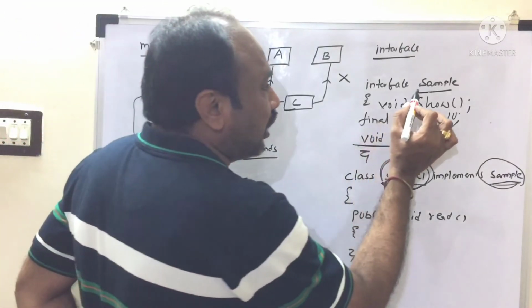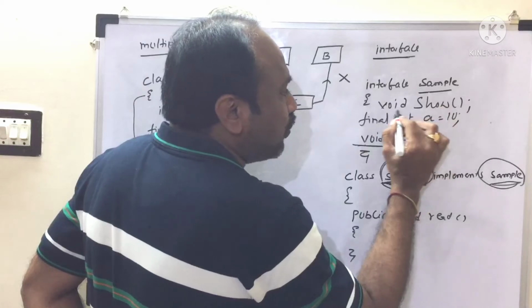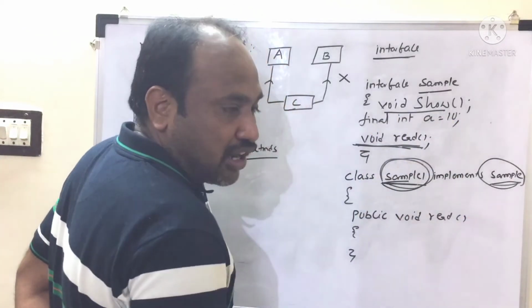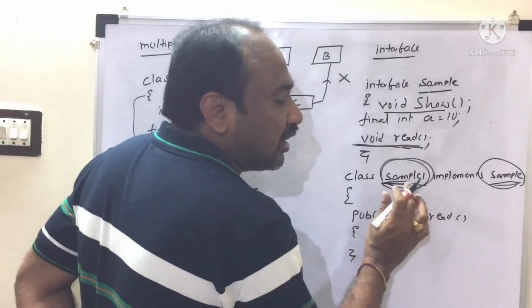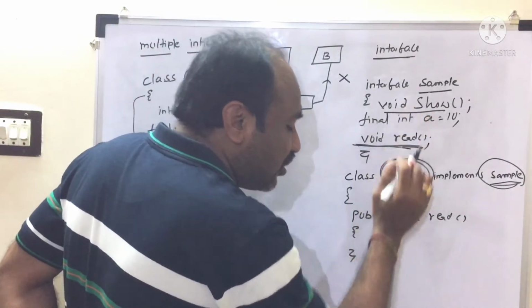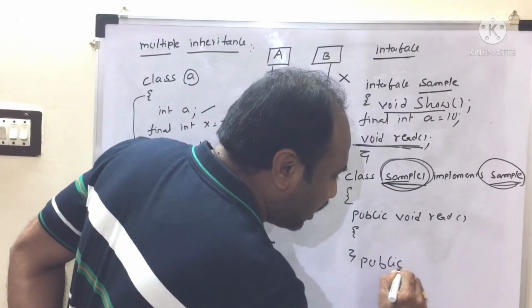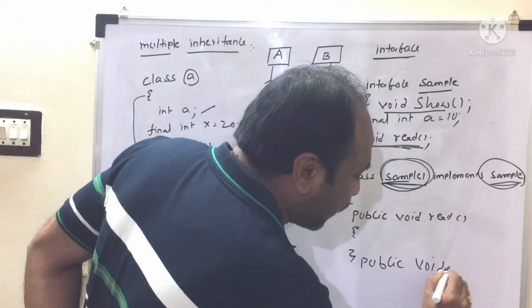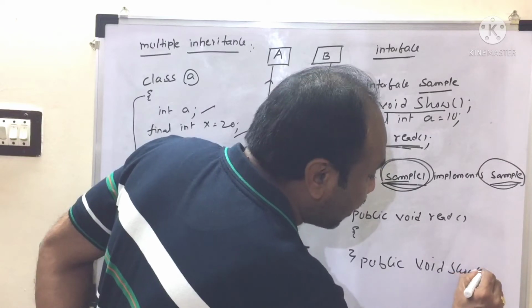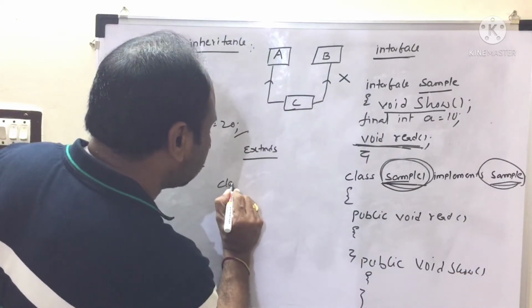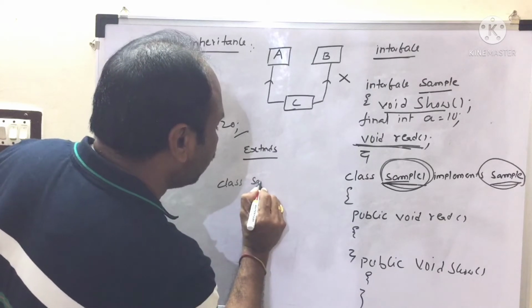For example, now my interface has two methods. One is the show abstract method, the second is the read abstract method. When I create a class, all these abstract methods should be defined in the newly created class as public. Sir, I want to create one more class, for example class sample2.